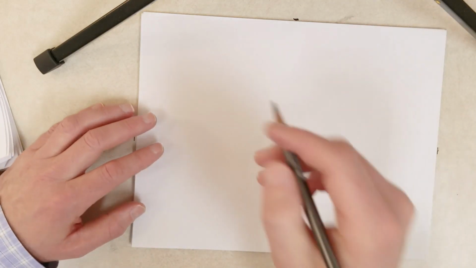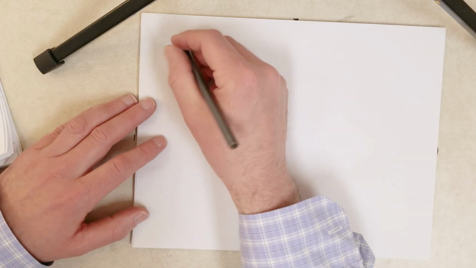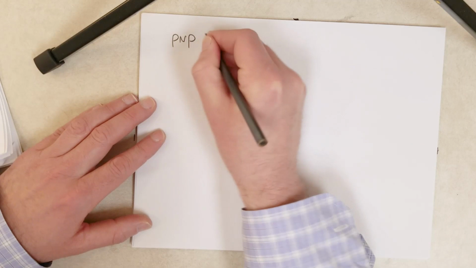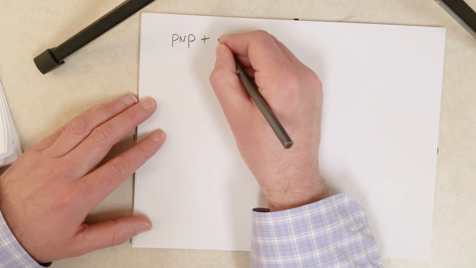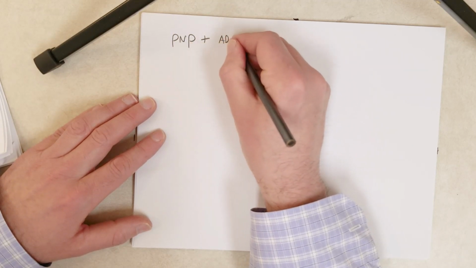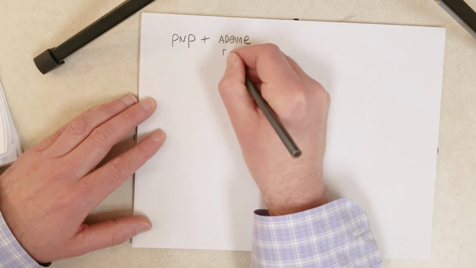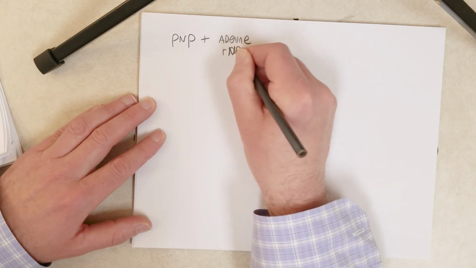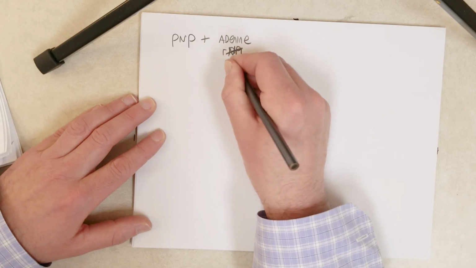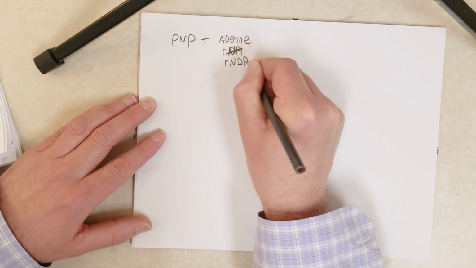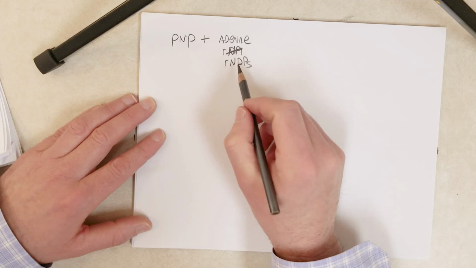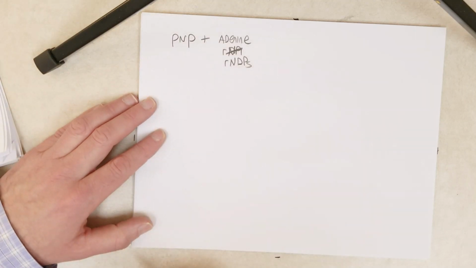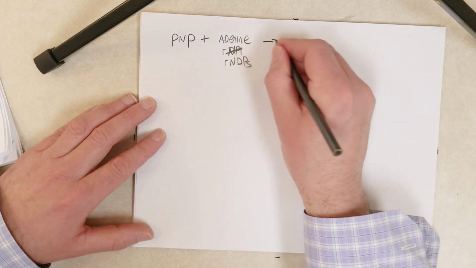And you could probably see that they could do the same experiment. PNP plus adenine RNDPs, adenine ribonucleoside diphosphates. Oh, I really butchered that one. And what will that make?